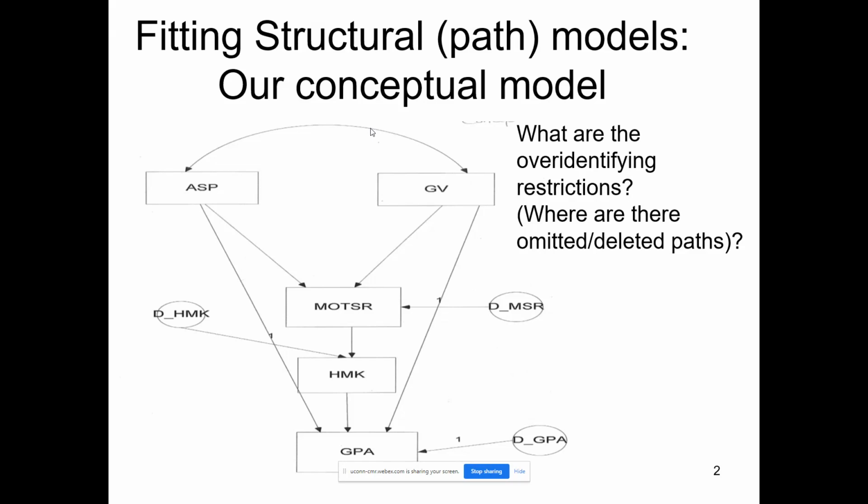If we don't have a direct path from motivation self-regulation to GPA, I'm really saying that there is no direct effect. So I'm saying that path, I believe, is 0, which doesn't mean that I'm saying that motivation is uncorrelated with GPA.